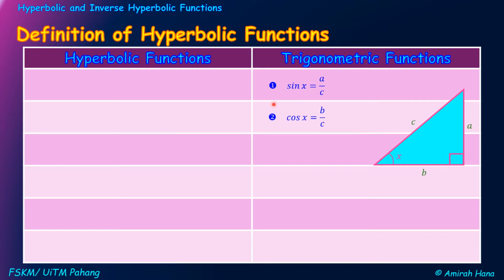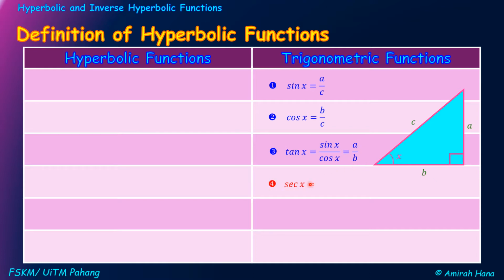And number 2, cos x equals B over C. B equals adjacent and C equals hypotenuse.